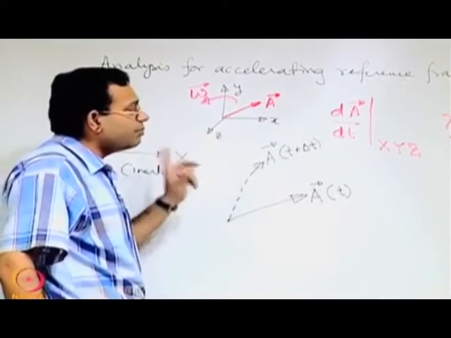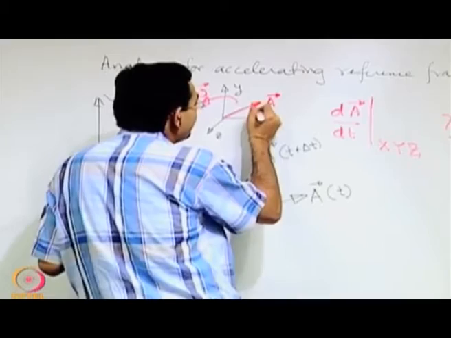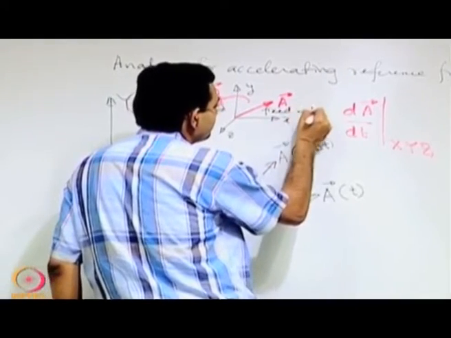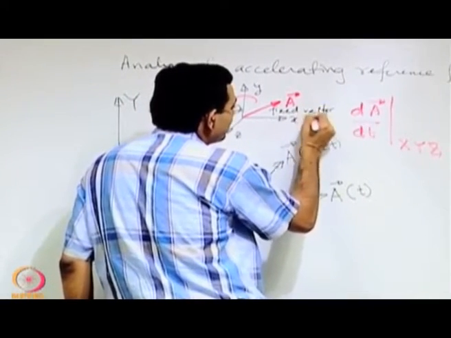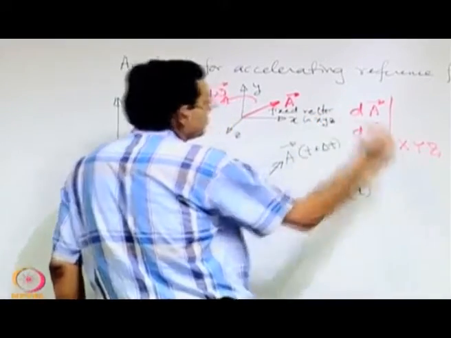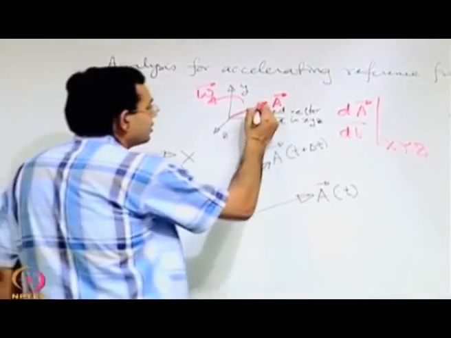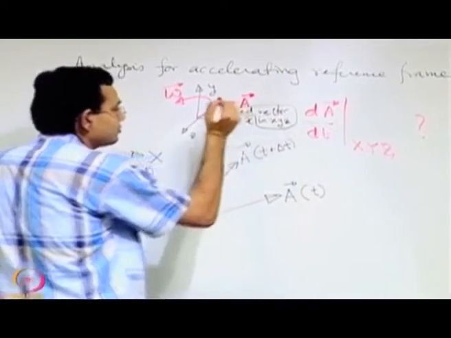What we are keeping in mind? We are keeping in mind this is a fixed vector in a moving reference frame. So, this is a fixed vector in x, y, z, that we have to keep in mind. It is not any arbitrary vector.